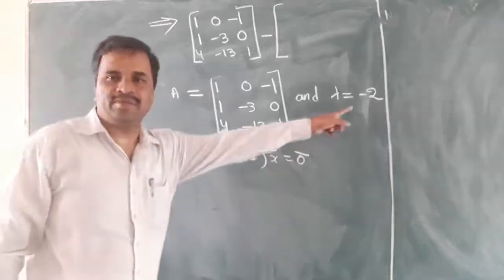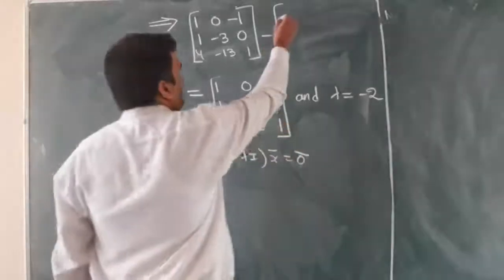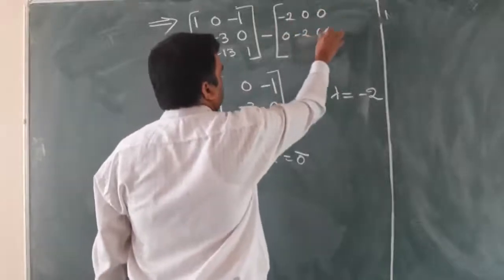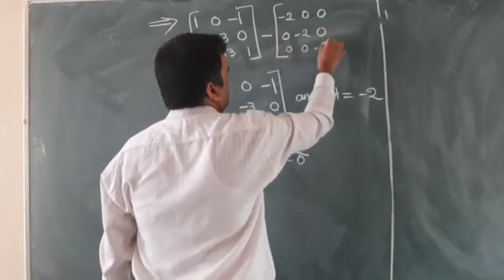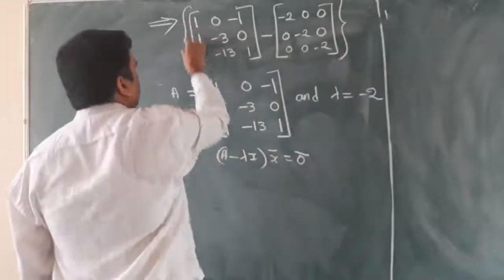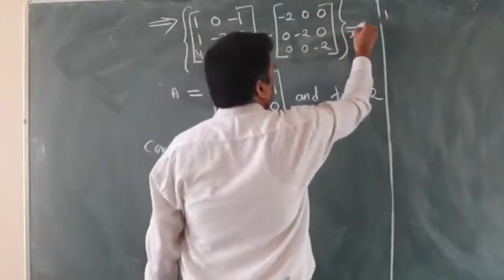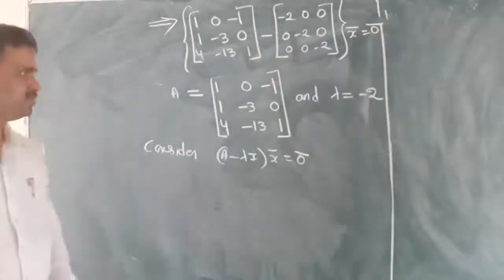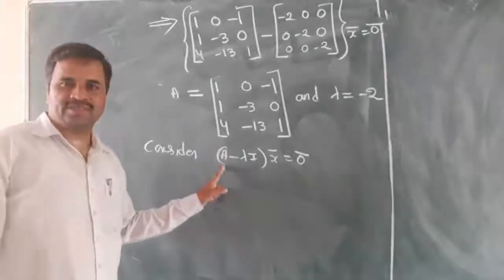Further we have to multiply by minus 2: minus 2 0 0; 0 minus 2 0; 0 0 minus 2, of x bar equal to 0 bar.